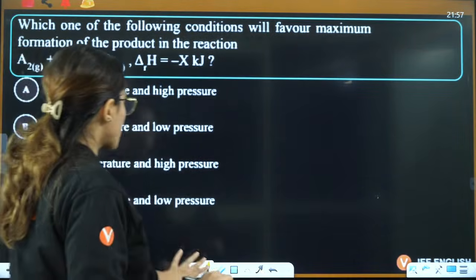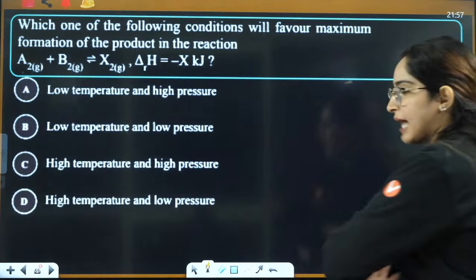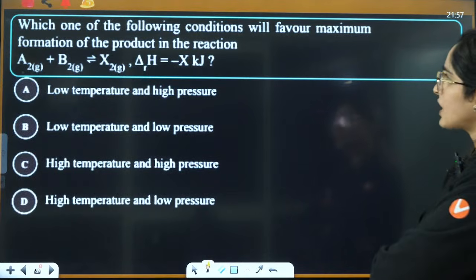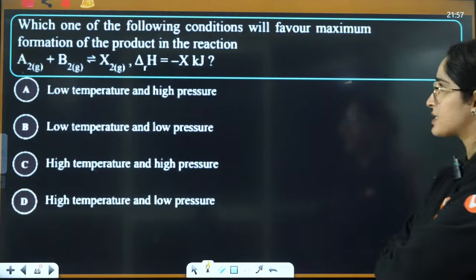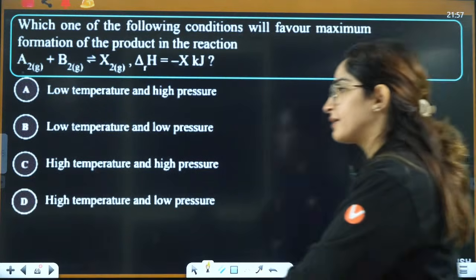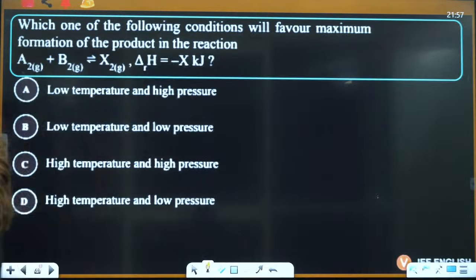Yes. Now see this question that you have, which of the following conditions will favor maximum formation of product in the reaction? Tell me.